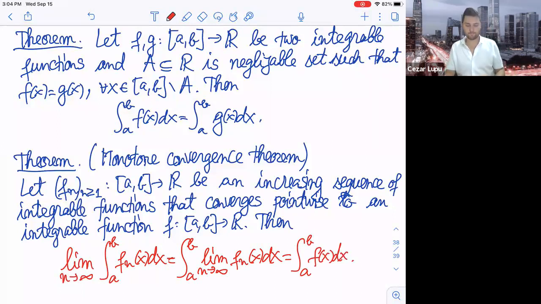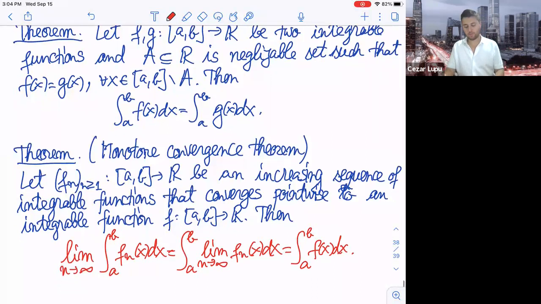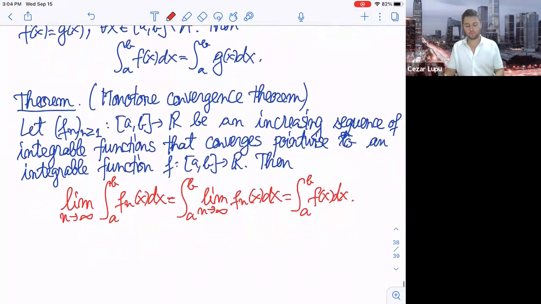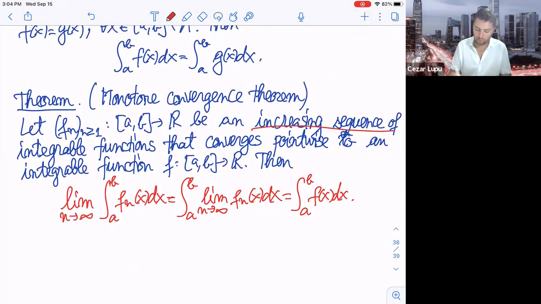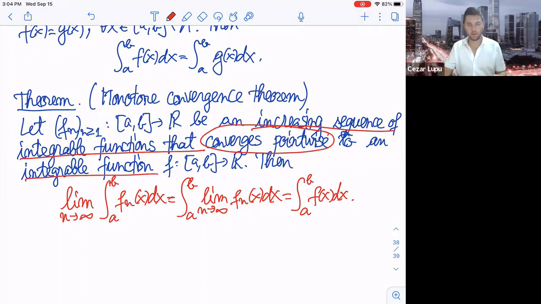All right, that's great. So that's the monotone convergence theorem. We have an increasing sequence of integrable functions that converges pointwise, this is important, to an integrable function. So once we have this, then definitely we can pass the limit inside the integral.